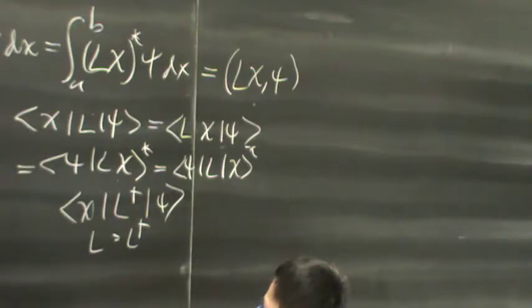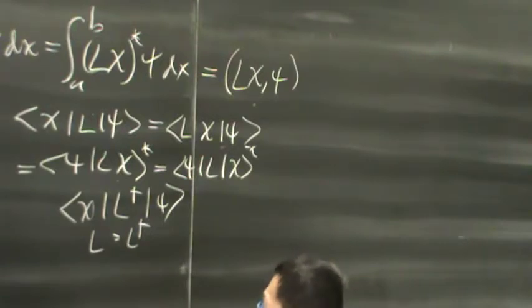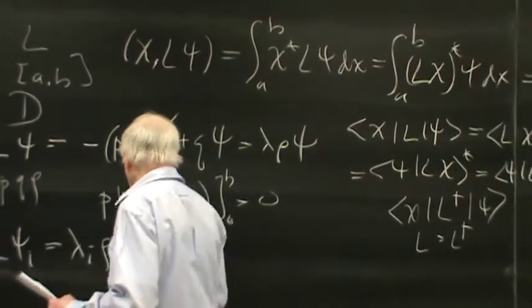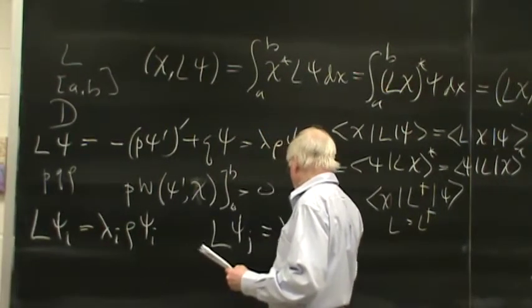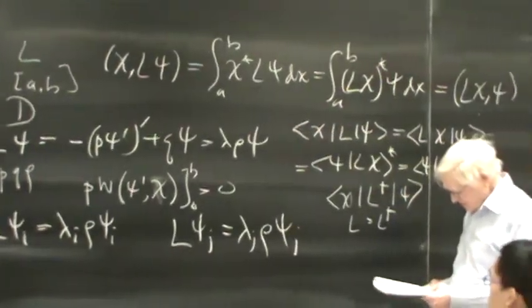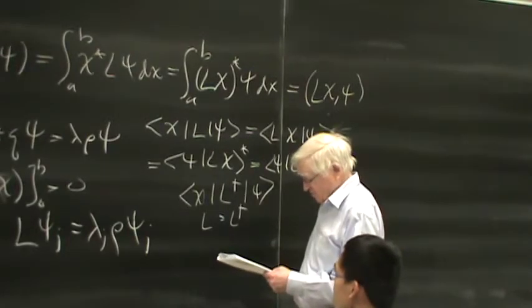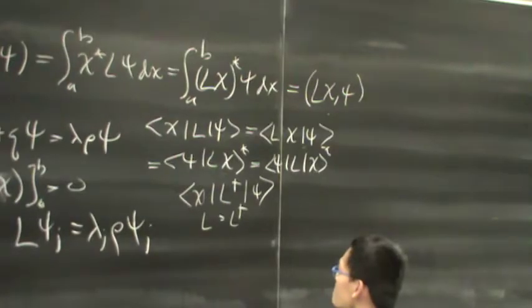Okay, so let's suppose psi I and psi j satisfy these equations. L psi I is an eigenfunction with eigenvalue lambda I, with this weight function rho, and now we have L psi j is lambda j rho psi j. And this is regular Sturm-Liouville and so forth. So we multiply this by psi star j.